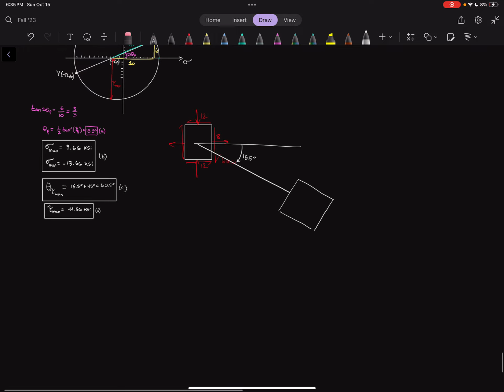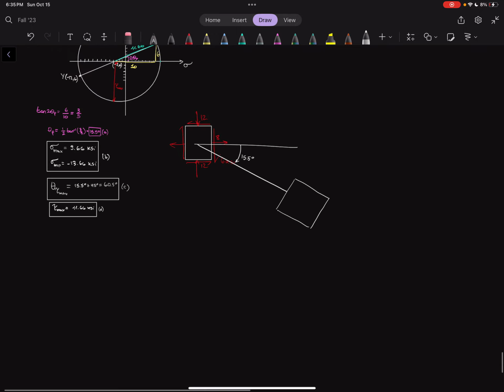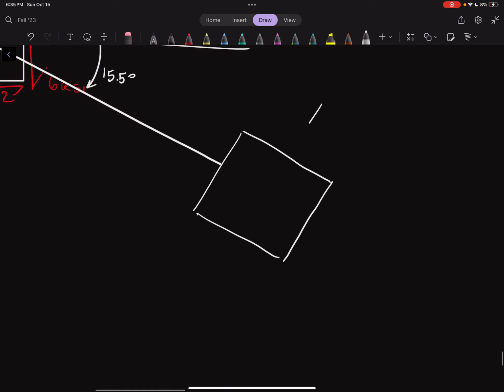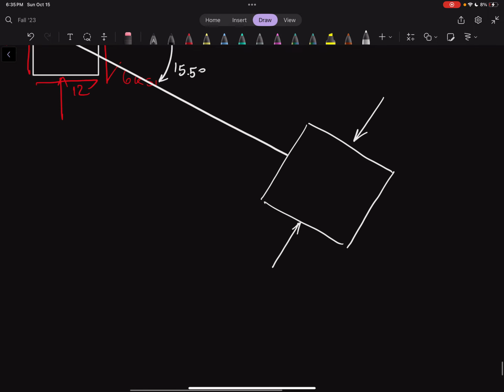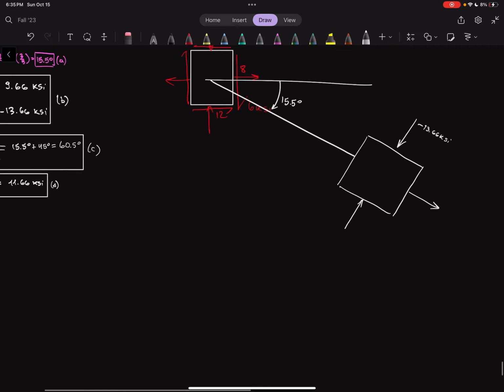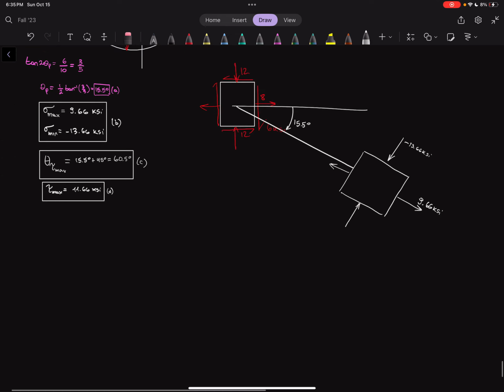And in the principal plane, you have to know there's no shear. So there's only a min and a max. The min is going to occur on the Y face. So the Y face is going to look like this, and it's going to have minus 13.66 KSI. And the X face is going to point outward at 9.66 KSI.